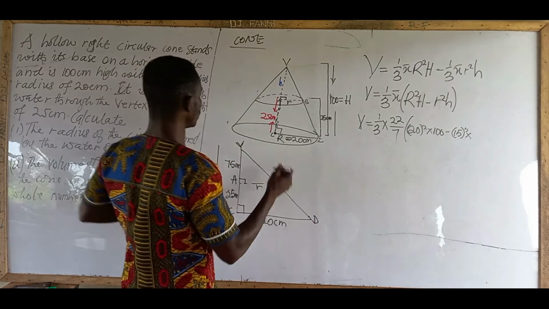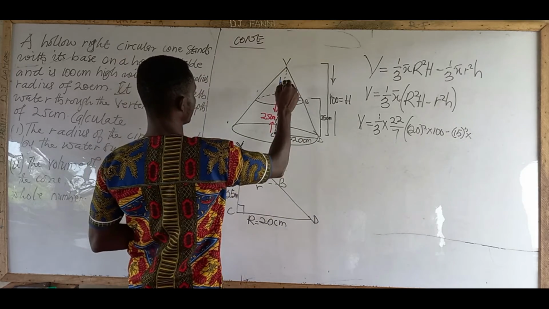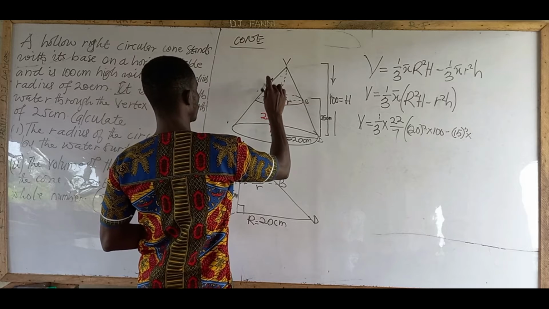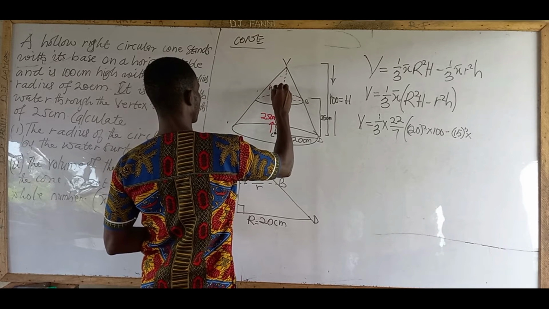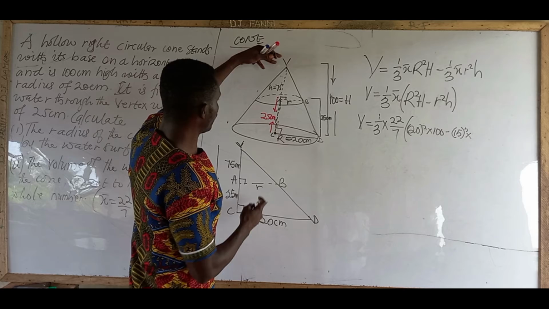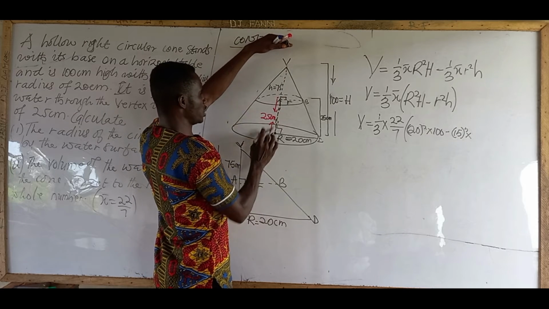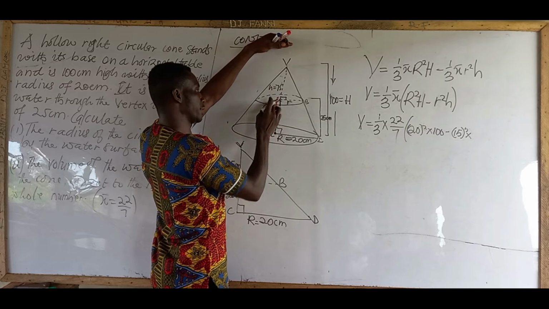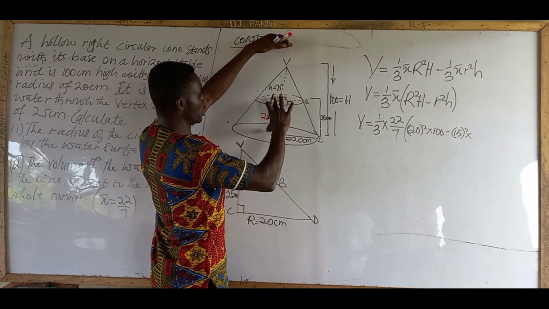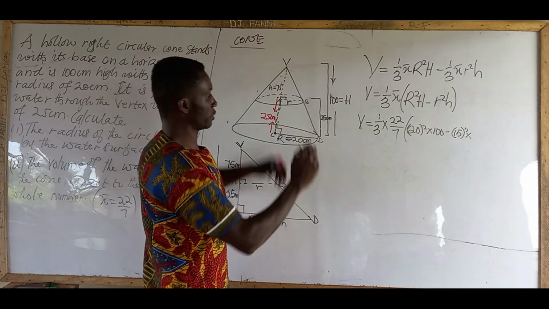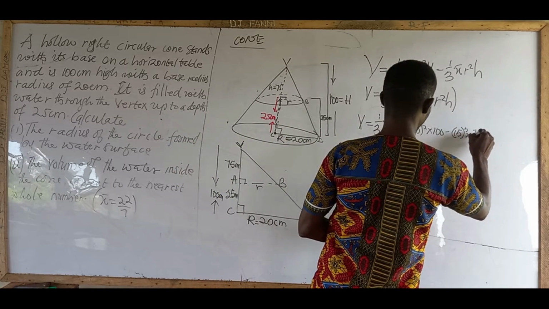The h gave us 75. So this h is equal to 75, because the whole of it is 100, and it was filled up to 25 centimeters height, where the red mark is 25. So the rest will be 75.